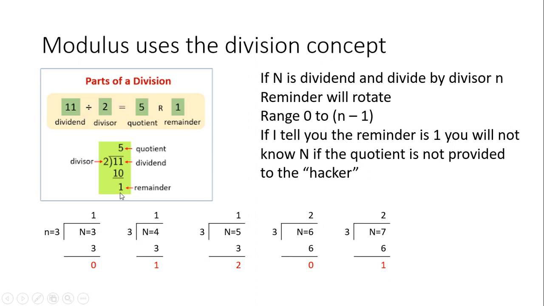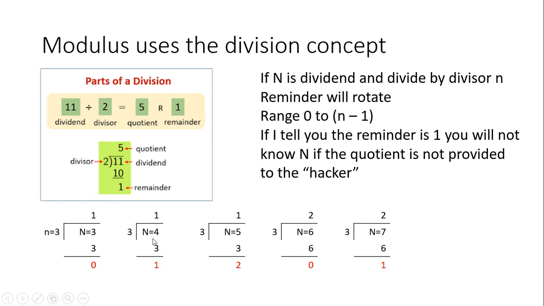But here's the thing: if you manage to get the value p, which is the divisor, and the remainder value of 1, and these two values are sent across, you will never be able to find the value of n, the original number. In this case, n, let's say, is the public key. Because if you just have these two pieces of information, you can never figure out the dividend, because n divided by 3 gives you a remainder of 1.